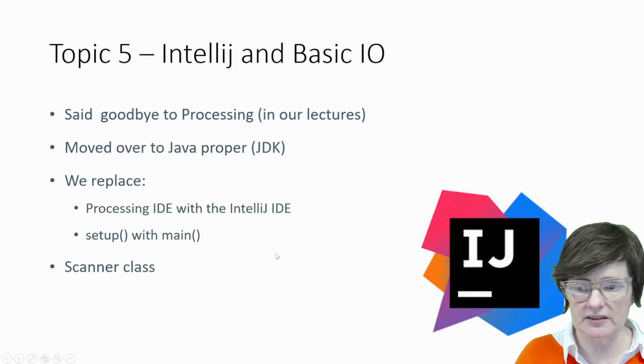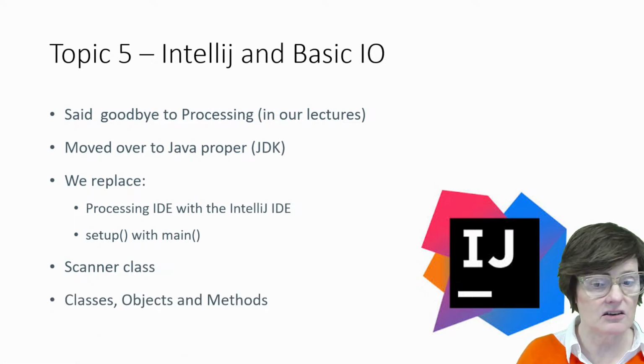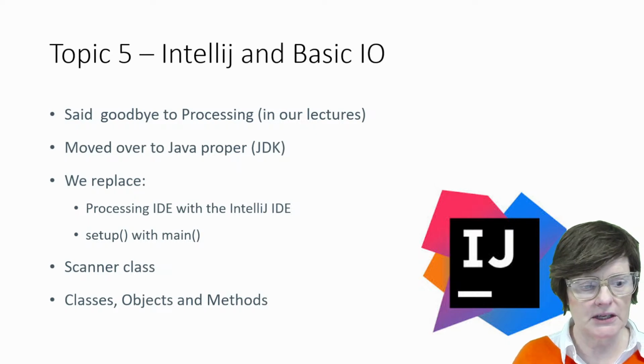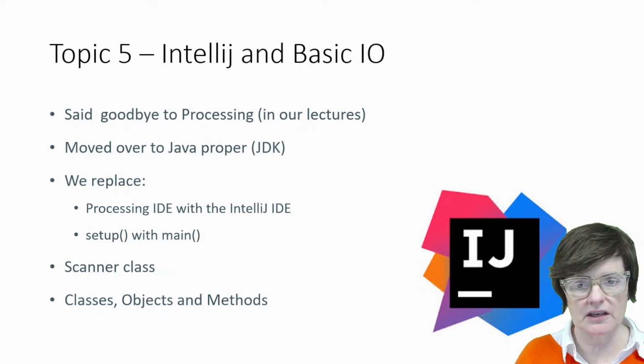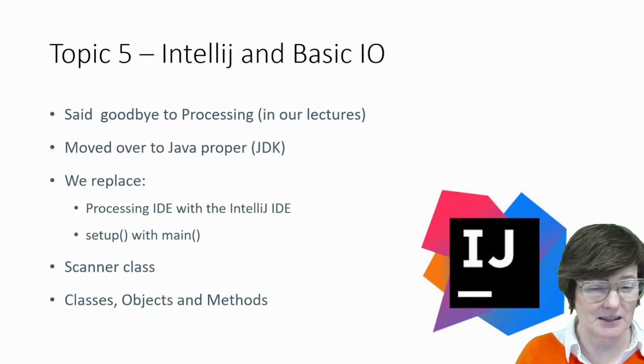So we're going to look at the scanner class. Siobhan went through all of that and then started on classes, objects and methods. In one way there was enough to be getting on with starting with IntelliJ, and we put in a little bit of the classes because we are starting to do them at the same time, but there were other exercises that didn't need classes as well.